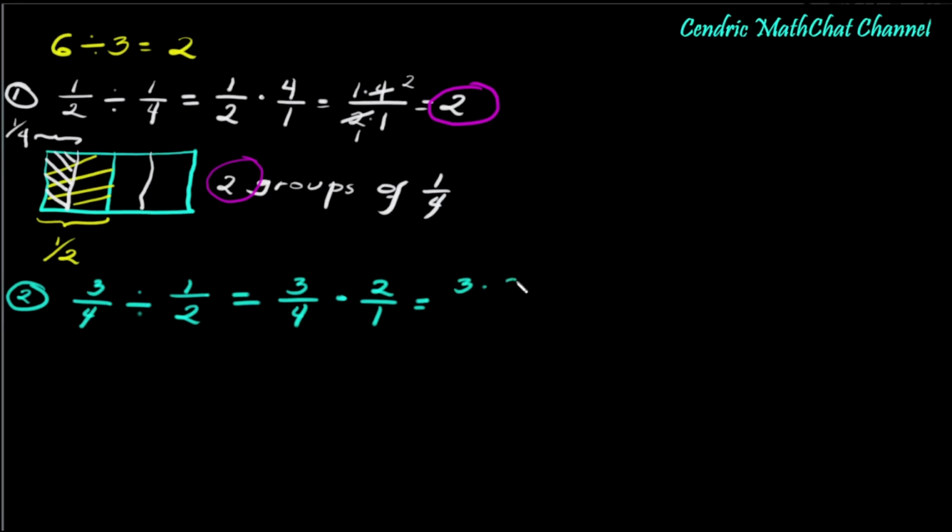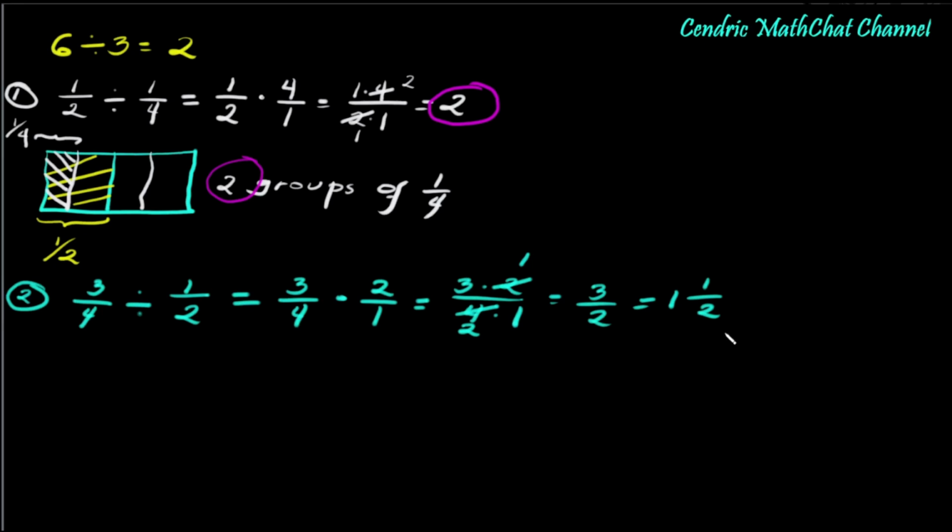So, 3 times 2 over 4 times 1. And before you multiply straight across, I think we can reduce, right? It's easier. 1, 2. So this is 3/2, which is the same thing as 1.5.